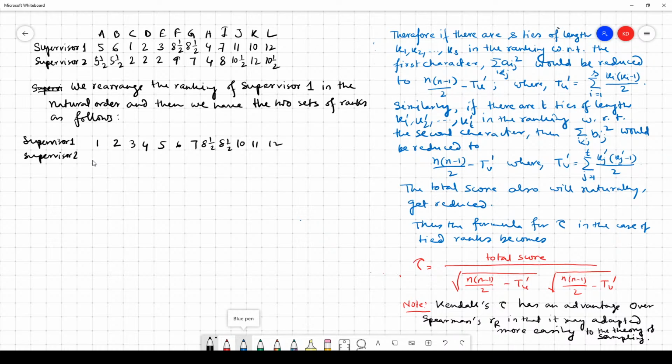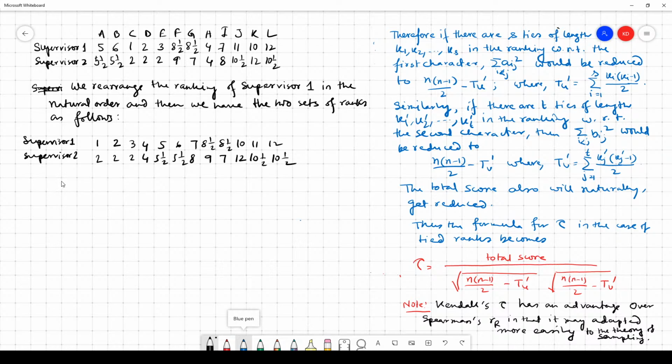Now corresponding supervisor 2 should be 2, 2, 2, 4, 5.5, 5.5, 8, 9, 7, 12, 10.5, 10.5.